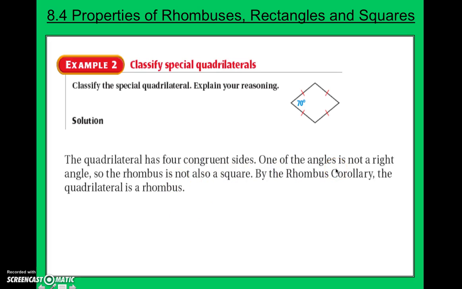One of the angles is not a right angle, so the rhombus is not also a square. So we start off by looking and saying it's got four congruent sides, so it has to be a rhombus. Then this angle is not a right angle, so it cannot be a square. So it is just a quadrilateral that is a rhombus.